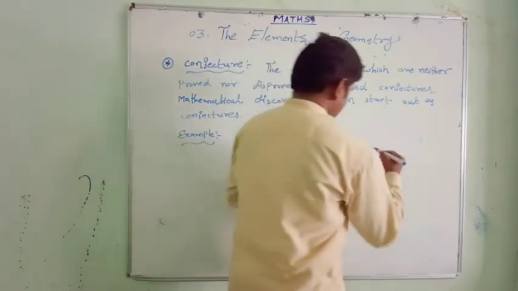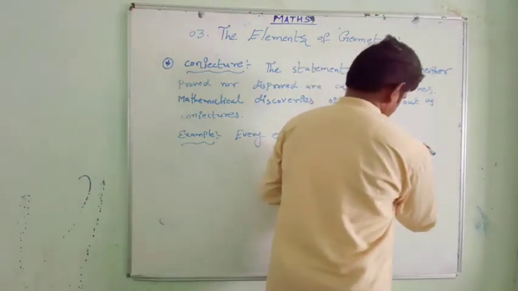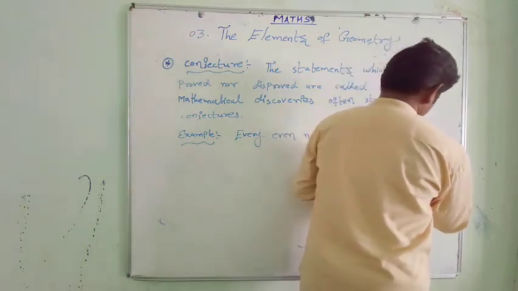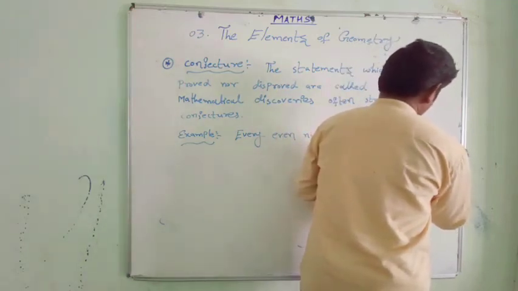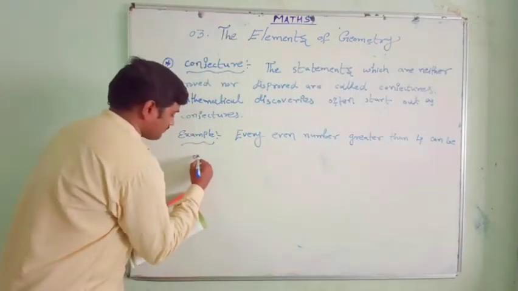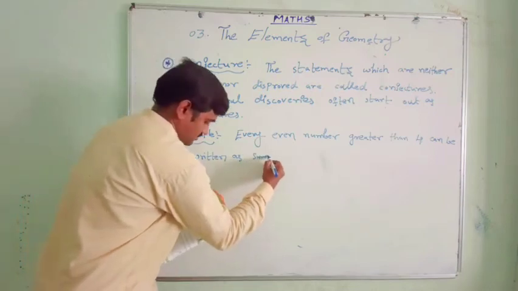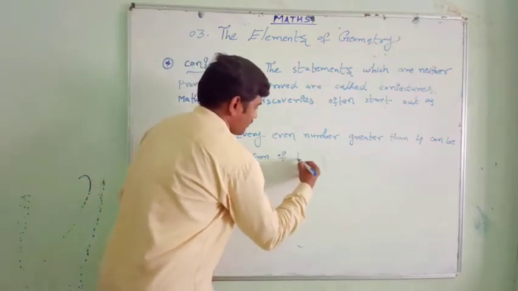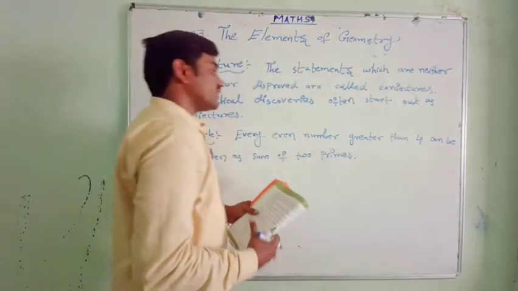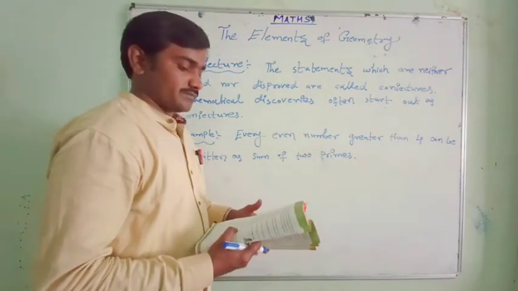Every even number greater than 4 can be written as the sum of 2 primes.